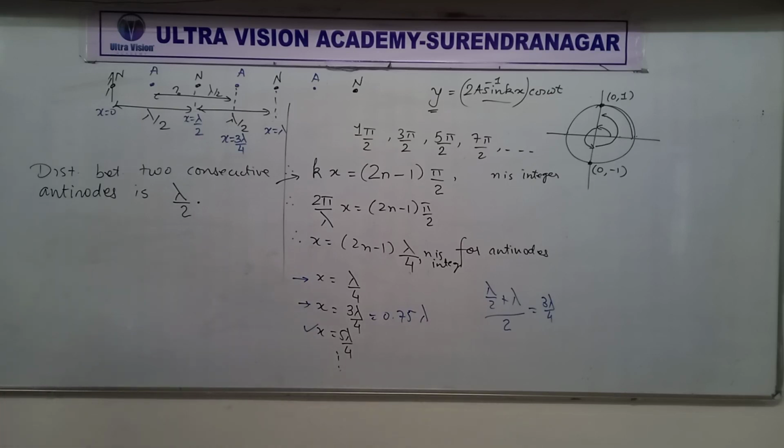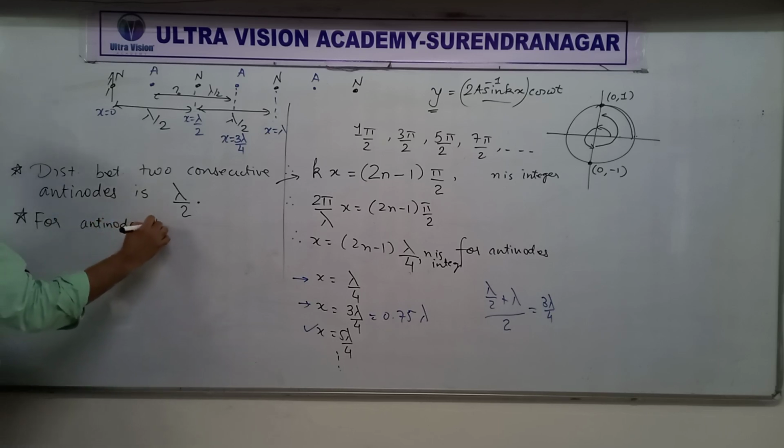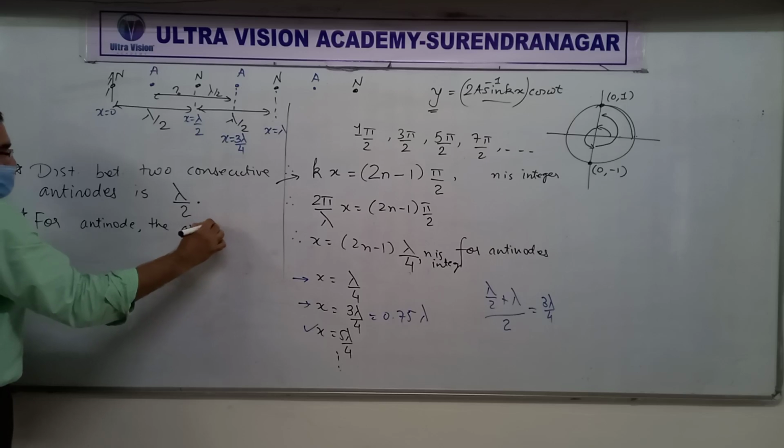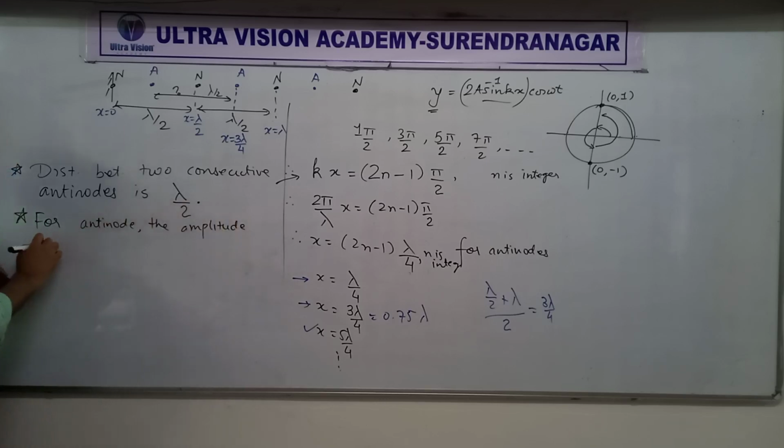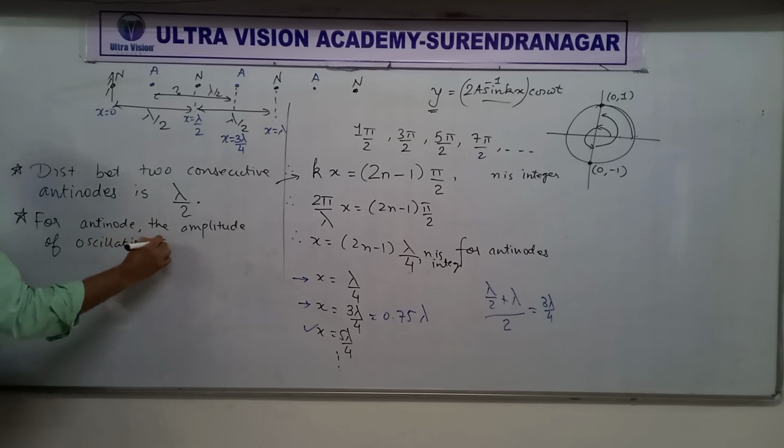Just be a little bit careful, that's it. Further, one more thing. These are some important points worth remembering. For antinode, the amplitude of oscillation is maximum. Of course, this is the definition of antinode.